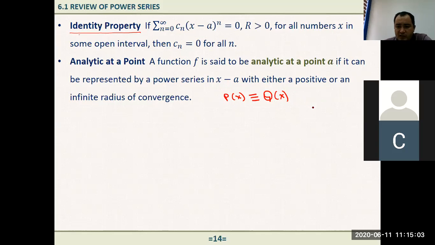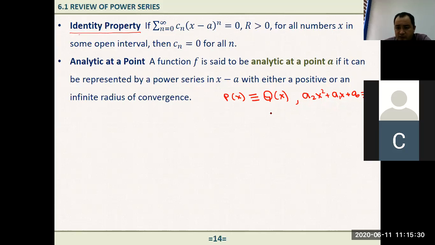For example, if we are given something like this, a sub 2 x squared plus a sub 1 x plus a sub 0 is equal to x plus 1. Now, if this one is an identity, how can we determine this a sub 2, a sub 1, a sub 0? Here we have x plus 1, right? So that means that their corresponding coefficients must be equal to each other.